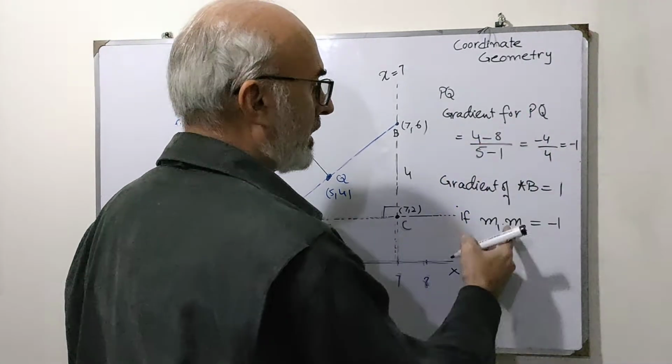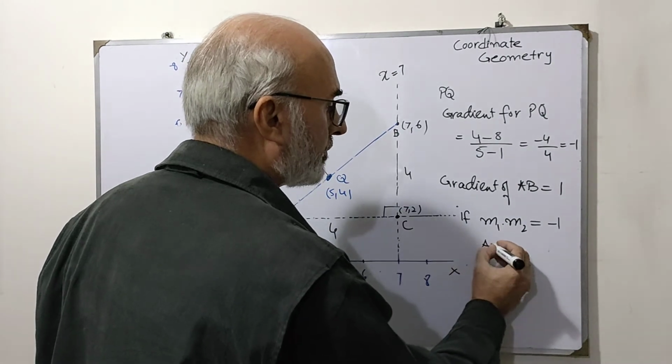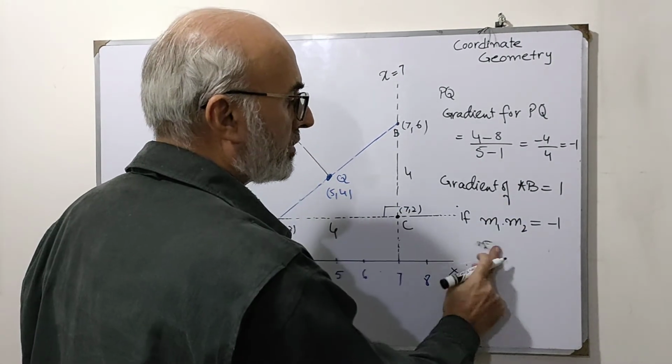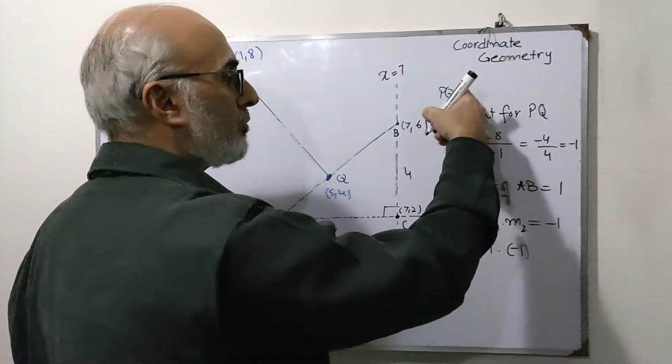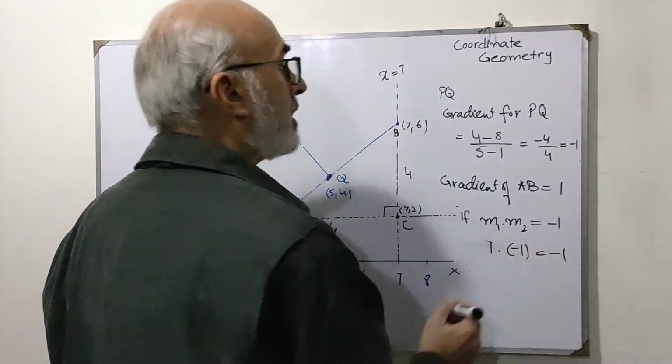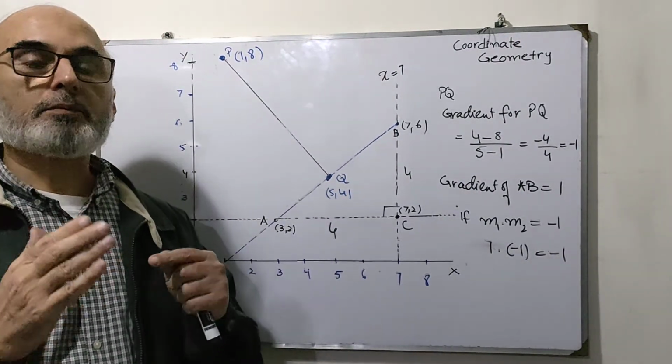So here in our case, M1 is the gradient of AB, which is 1, into minus 1, the gradient of PQ, is equal to minus 1. So it means that the two lines are perpendicular.